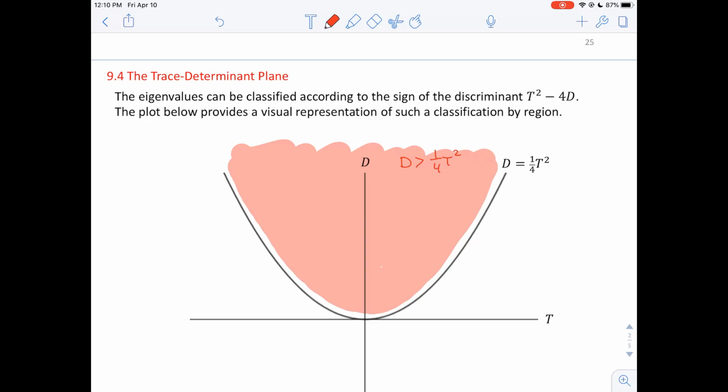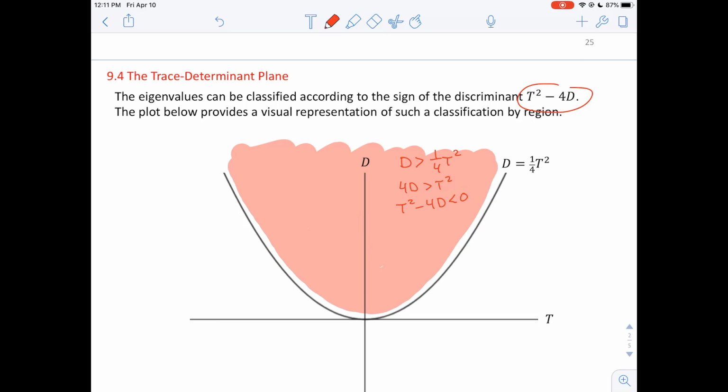Well, if you get all the terms on one side, multiply by 4, and then subtract the 4d to one side, so I'm trying to recreate this expression. What would this look like? We would have 4d is more than t squared, and then subtract the 4d, and we get that t squared minus 4d is less than 0. So in other words, when the discriminant is negative, this is the region above this parabola.